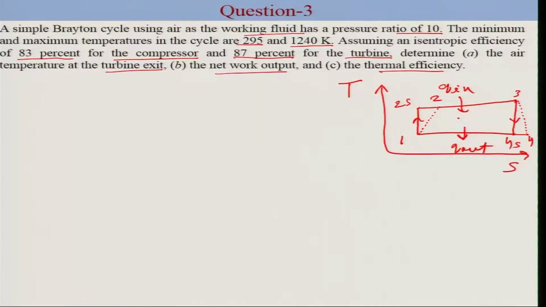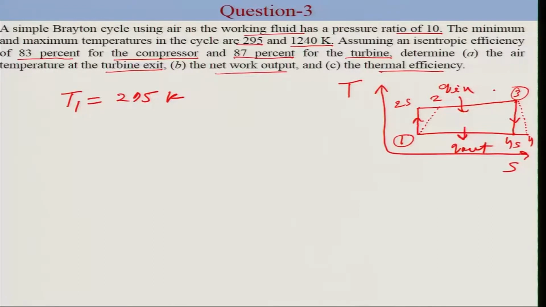So, it is given that minimum temperature is 295, which corresponds to this state 1. So, T1 equal to 295 Kelvin. Okay. It has already been given that maximum temperature is 1240 Kelvin, which will correspond to this state 3.